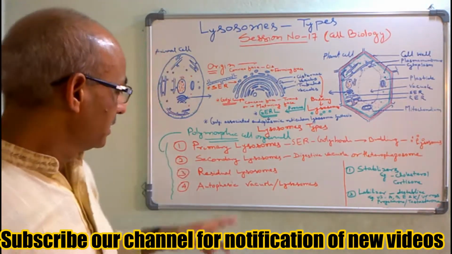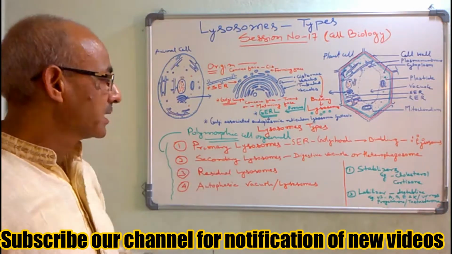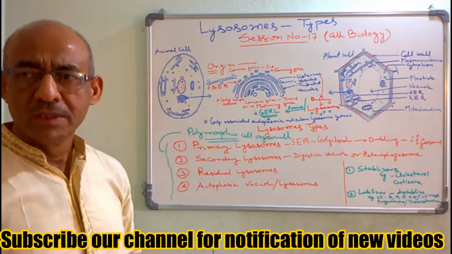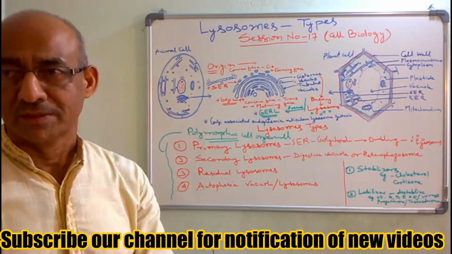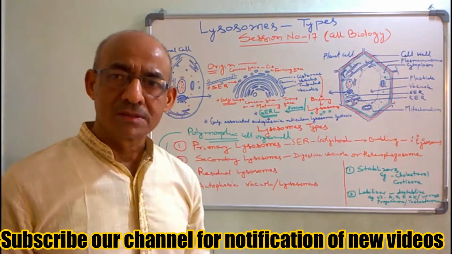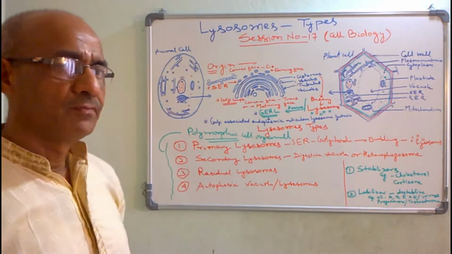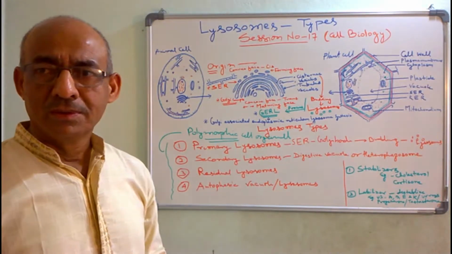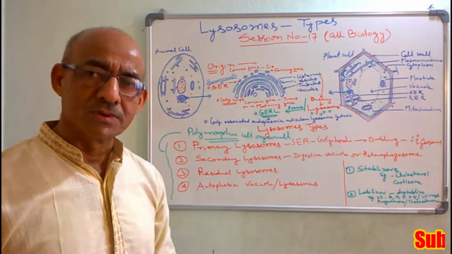Now we will discuss the second form. The second form is the secondary lysosome. As the name reveals, they are secondary in origin. That means after their synthesis, after their formation, the primary lysosomes get the form of secondary lysosomes.